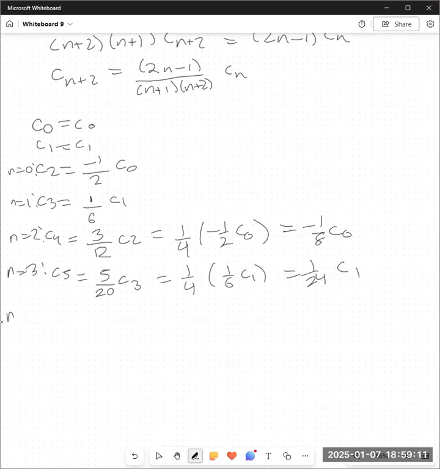When n equals 4, C6 is equal to 7 over 5 times 6 is 30, C4, 7 over 30 times negative 1 over 8 C0, which is negative 7 over 240.